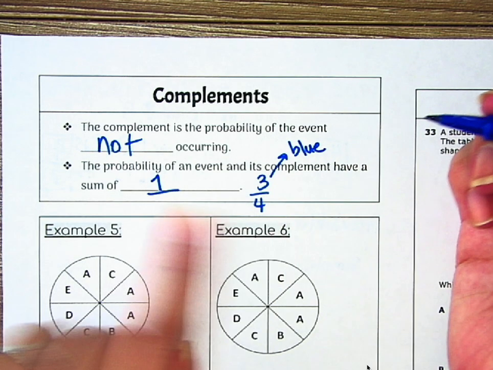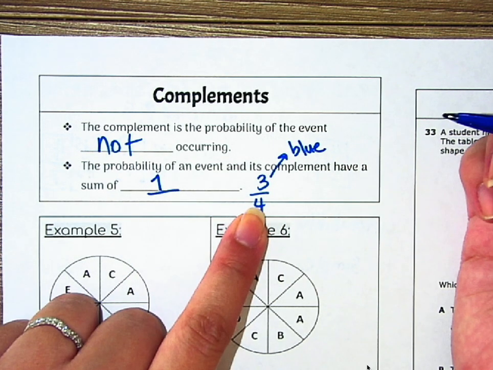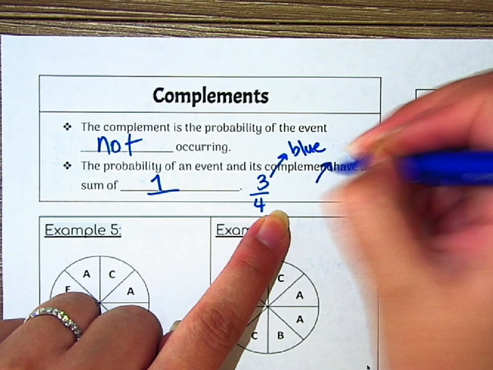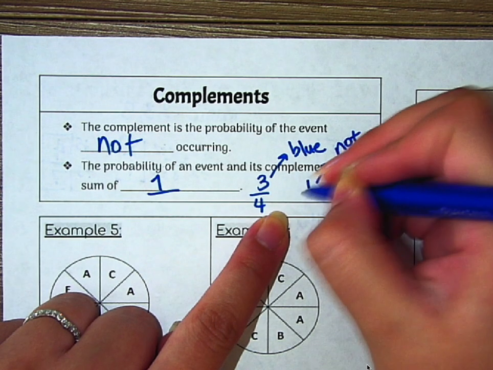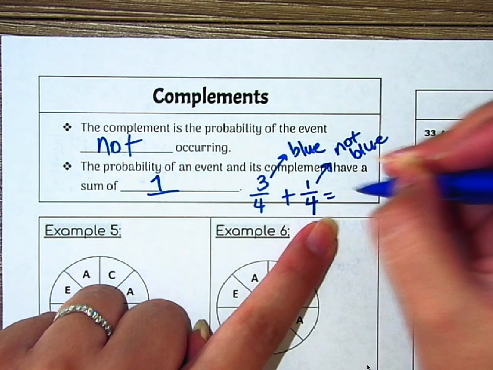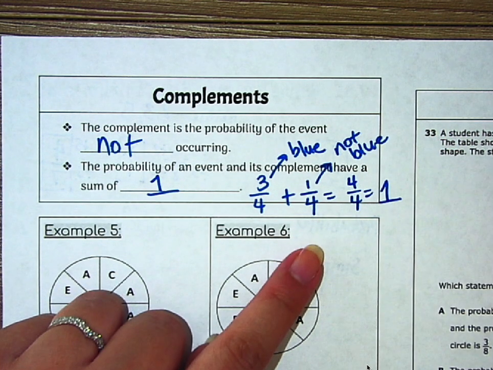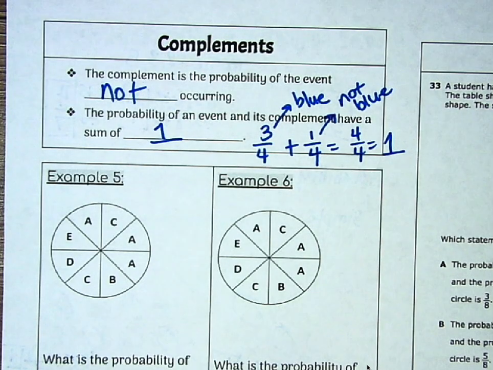But because I know that there's a sum of 1, if I were to subtract 1 minus 3 over 4, my complement, which is not blue, so it's everything else, would be 1 over 4. Because if I add these two fractions together, I would get 4 over 4, and it would be the sum of 1. Okay, you'll understand more when we go into example 5.